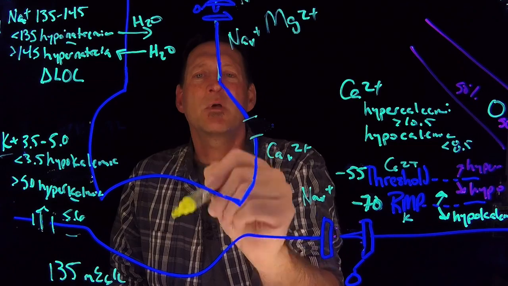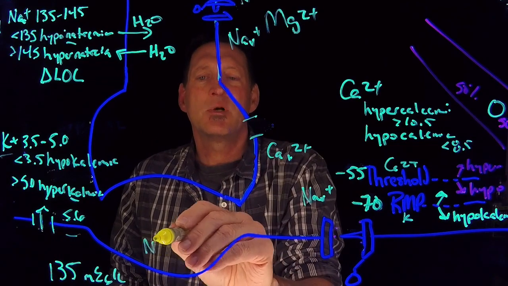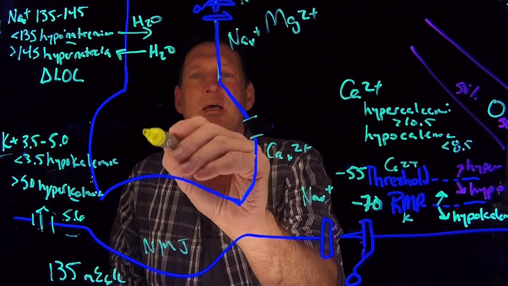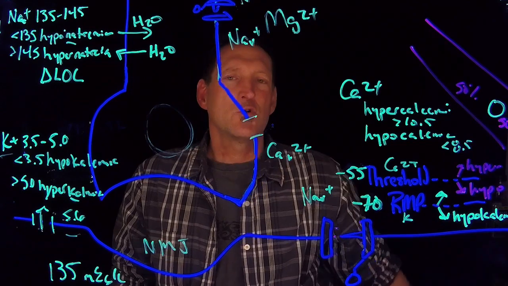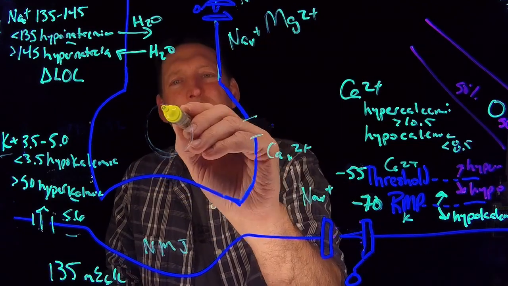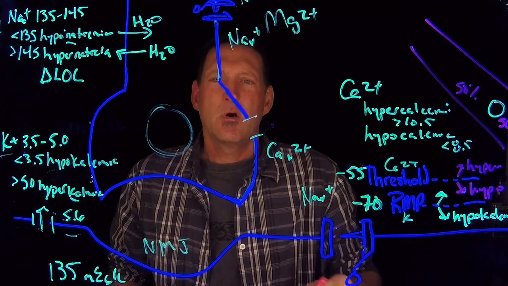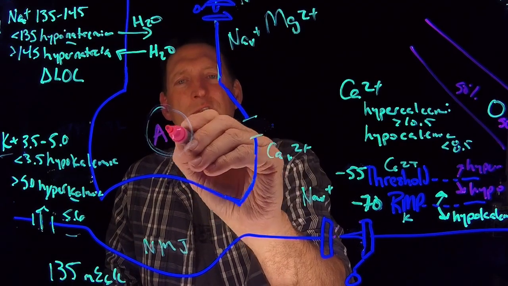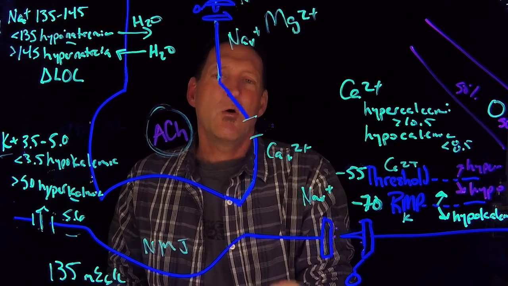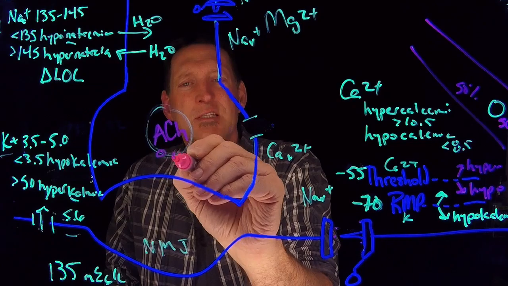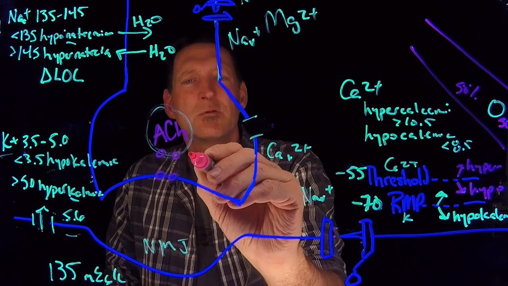When calcium comes in, let's say this was the neuromuscular junction, what's going to take place is I'm going to release my neurotransmitter. So here I've got this neurotransmitter of acetylcholine, okay? Now, when calcium comes in, I have what are called V-snare and T-snare proteins. So here's my V-snare.